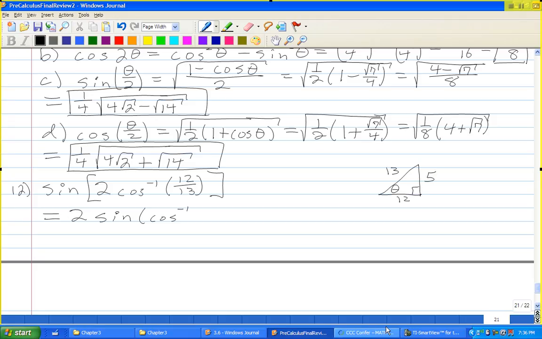Okay, so this is 2 sine cosine. Sine is just 5 over 13. Cosine is just 12 over 13.